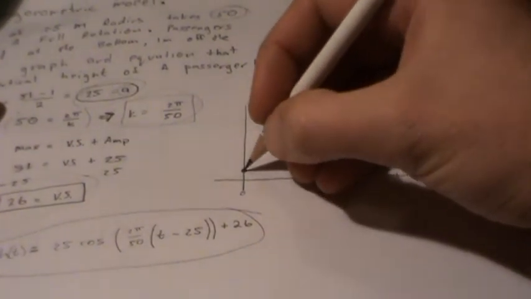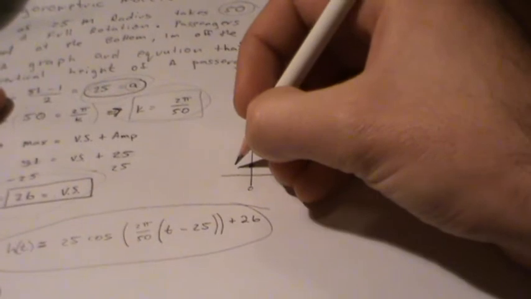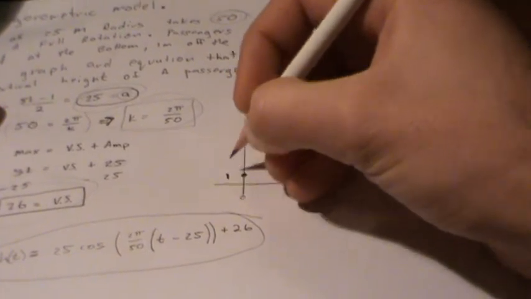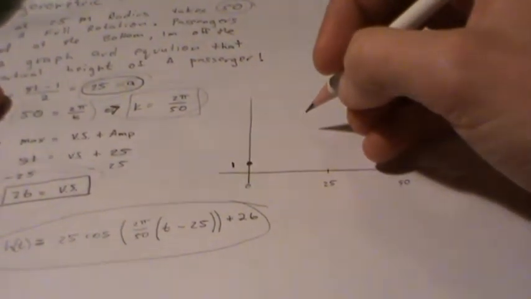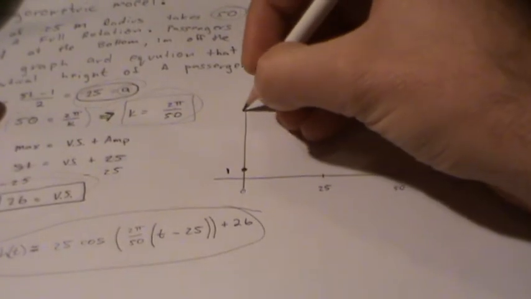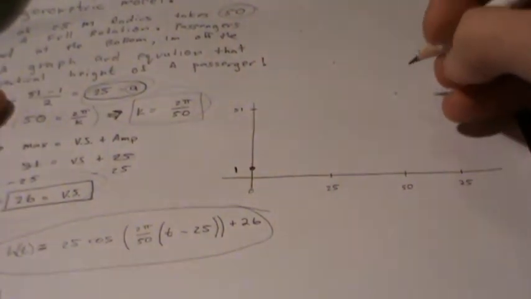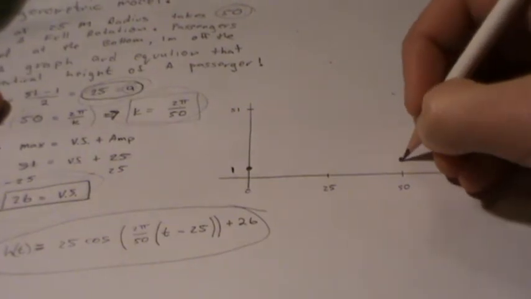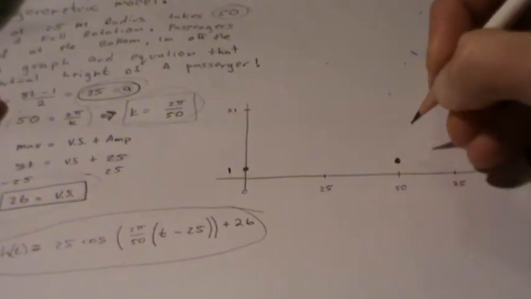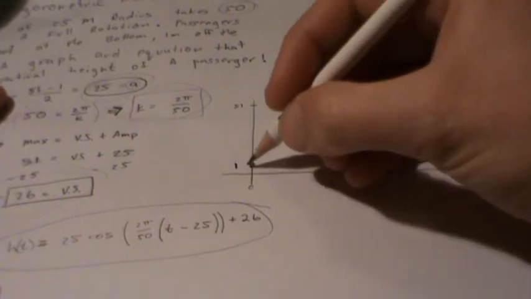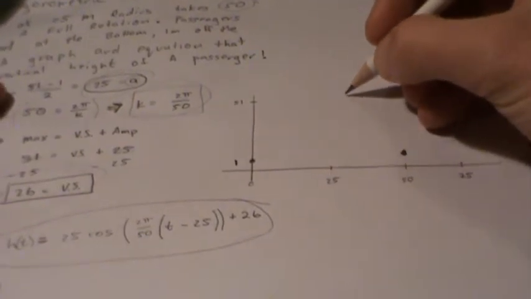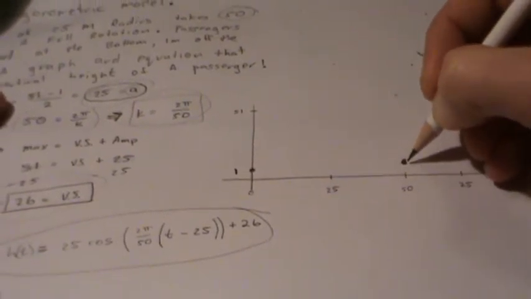Alright, so I get in at the bottom of this Ferris wheel, which is 1. And then I go all the way up to 51. And it takes me one full 50 seconds to go from all the way to the bottom to the top to back down to the bottom.